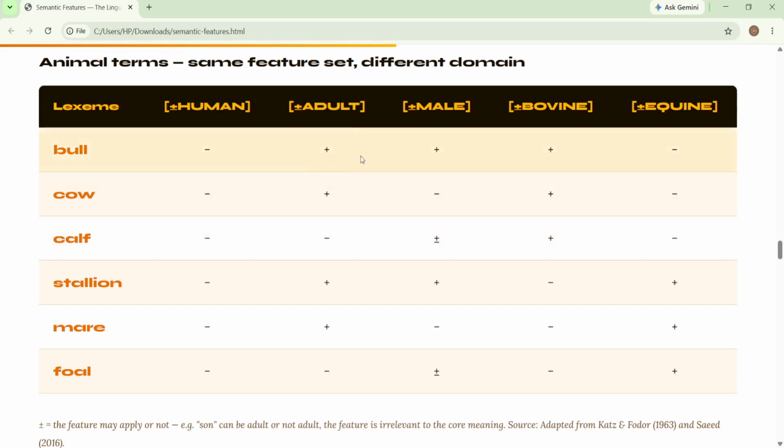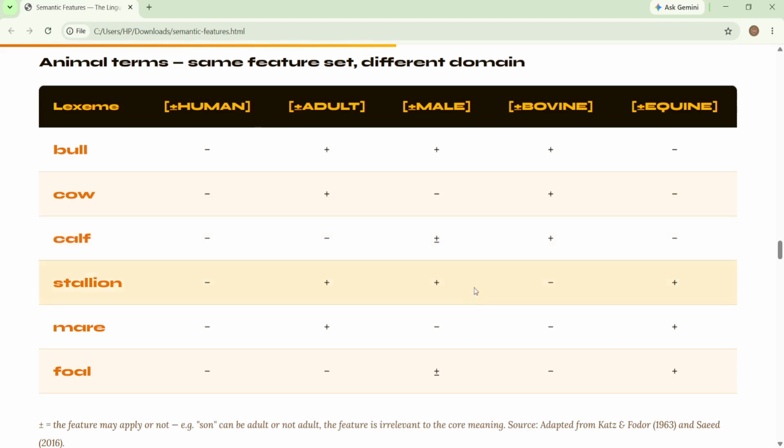Bull and cow are adult. Stallion and mare are adult, whereas calf and foal are not. Then male, bull is male, calf can be or can't be, it depends upon the gender. As for calf, it's a neutral category.